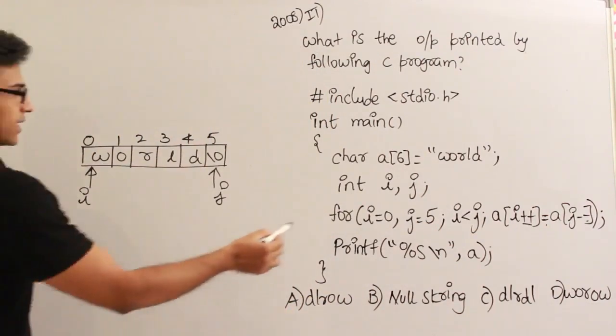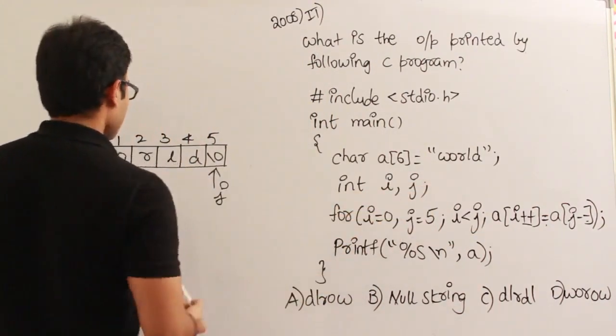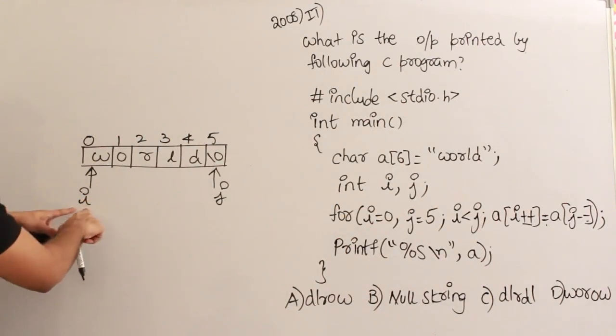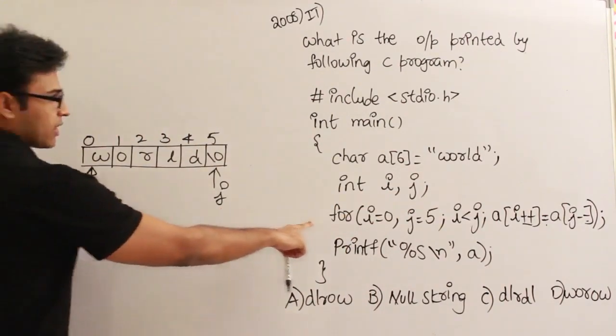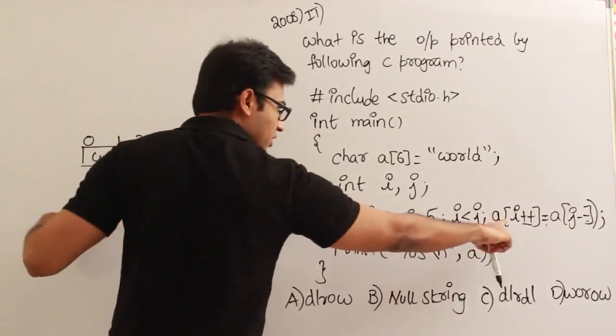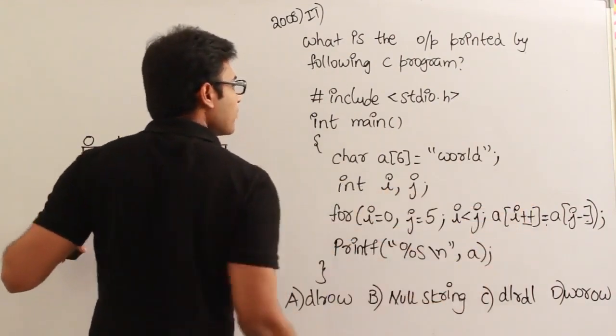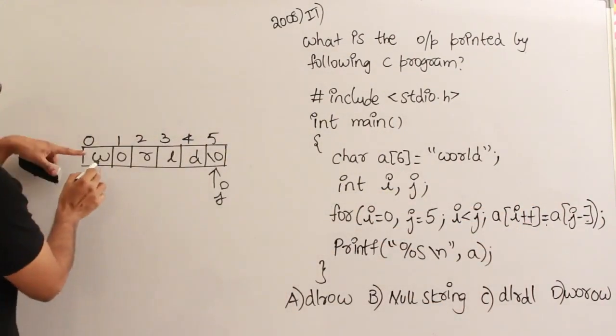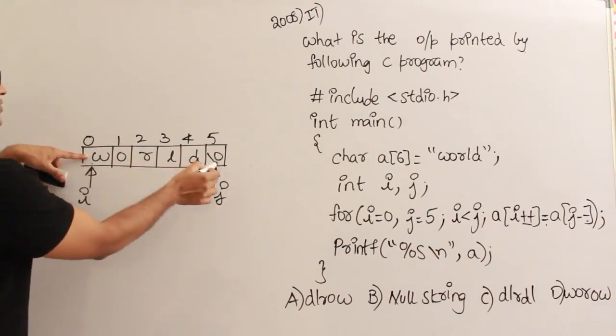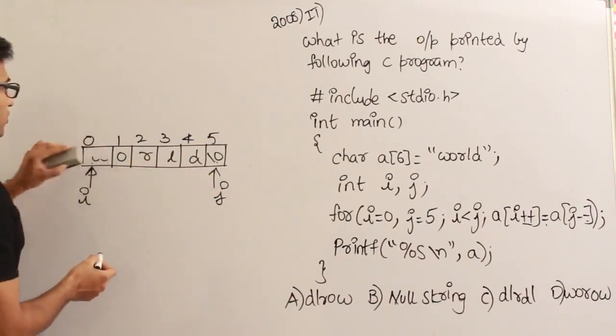So this entire loop is trying to do one thing. i starts here, j starts here, and i is less than j, therefore a[i] = a[j], which means a[0] will be made null.